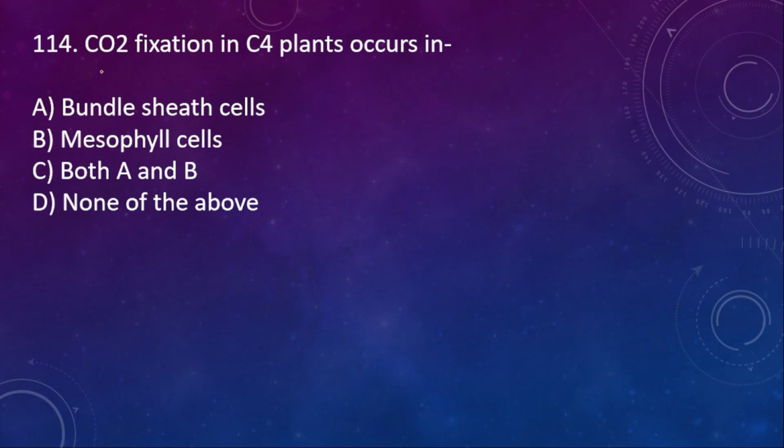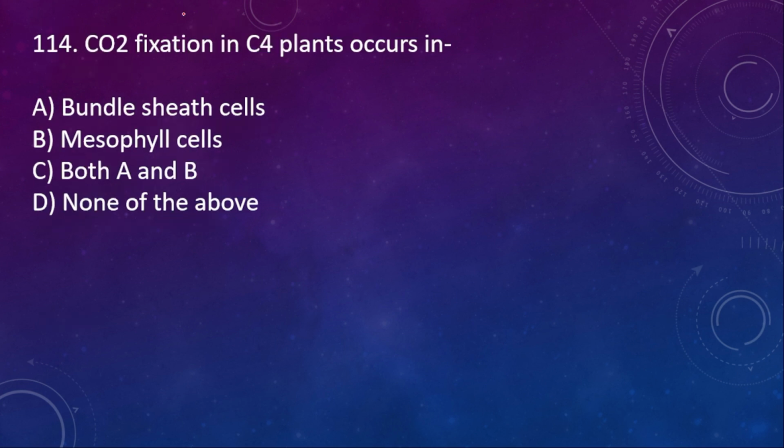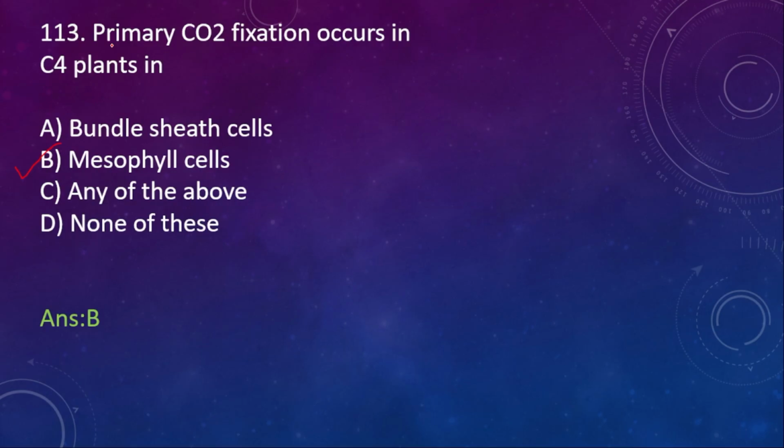114. CO2 fixation in C4 plants occurs in bundle sheath cells, just now only, no? The primary acceptor. Okay. CO2 fixation in C4 plants occurs in bundle sheath cell. Fixation he is asking. Don't get confused like me. Just now I got confused. Here primary CO2 acceptor fixation he is asking.